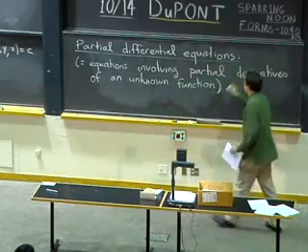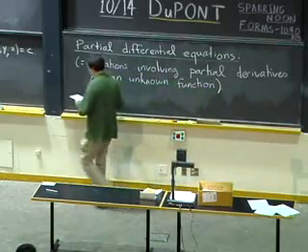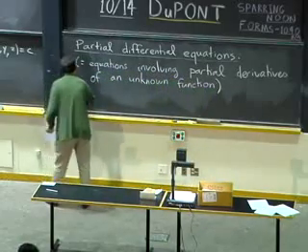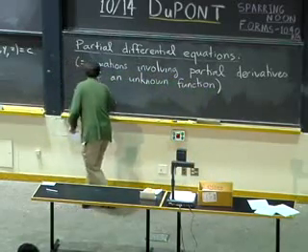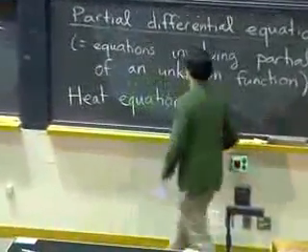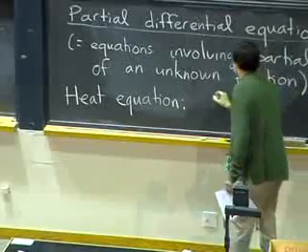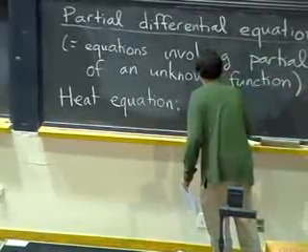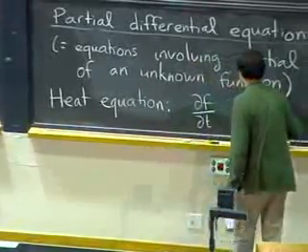Let me give you an example to see how that works. The heat equation is one example of a partial differential equation. Let me write for you the space version of it.